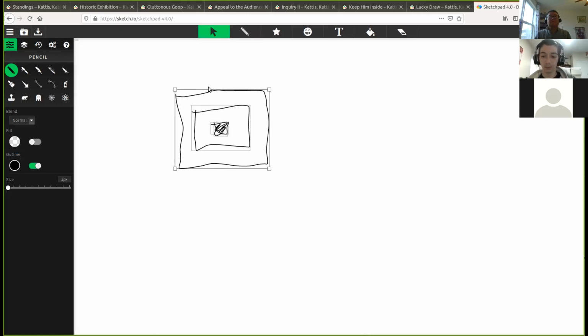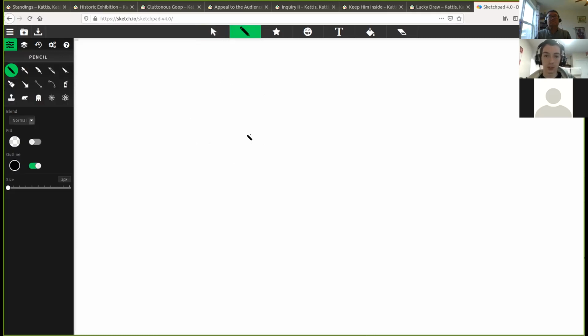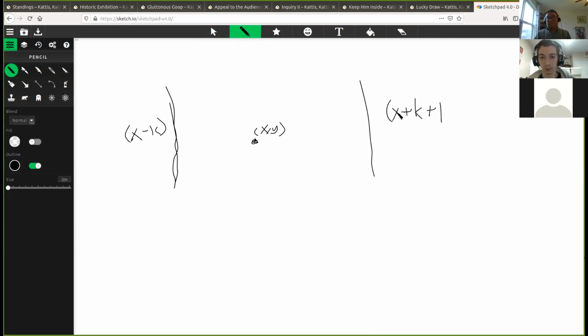So if x, y is the coordinates, then after k time steps it will spread to x minus k, and it will spread to x plus k plus 1, and then similarly for y, depending on which way you consider up.